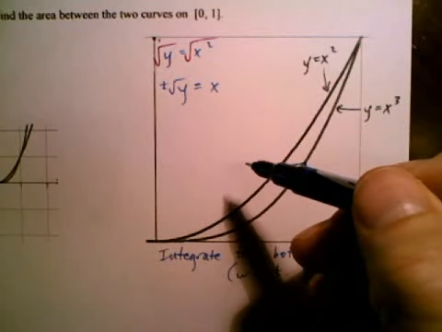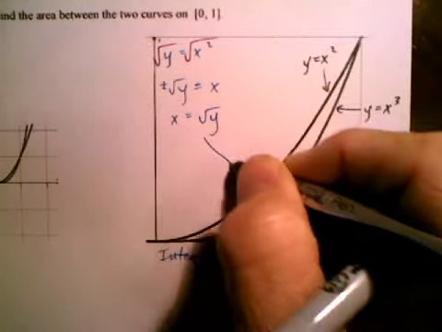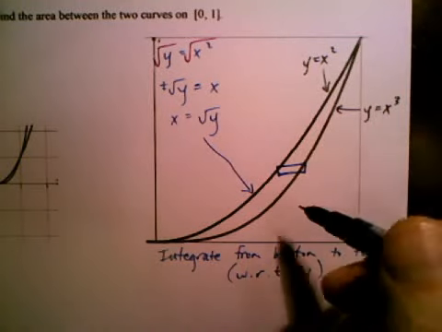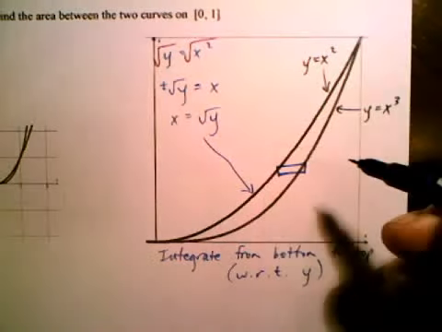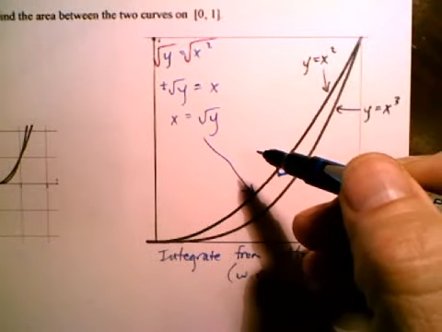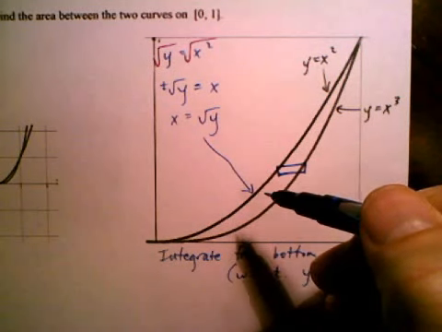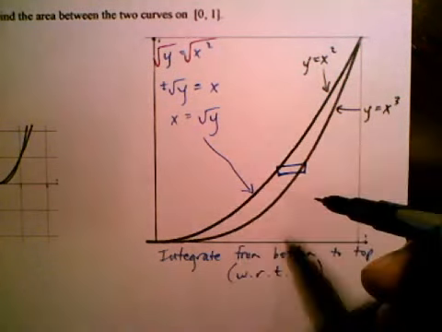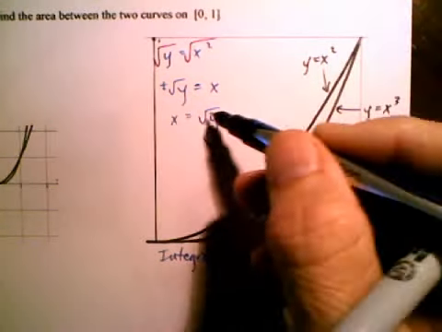We have to use only the positive. x equals the square root of y is this guy here, because when x is 1, y is 1, or when y is 1, x is 1. If we use the negative one, we get negative values for x. That's not going to work here because we can see all these values here are in the first quadrant, positive, positive, x and y.